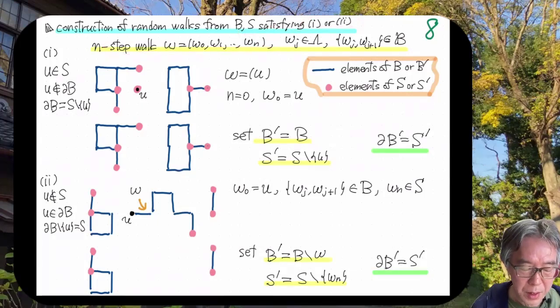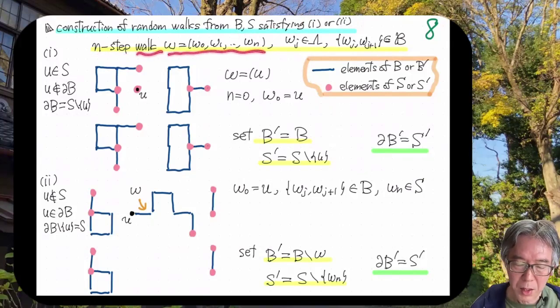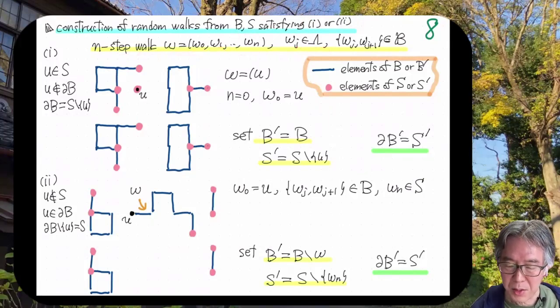By an n-step random walk W, I mean a sequence of sites W0, W1, ..., Wn, such that each pair Wj, Wj+1 is a bond, that is, it belongs to the set of bonds.